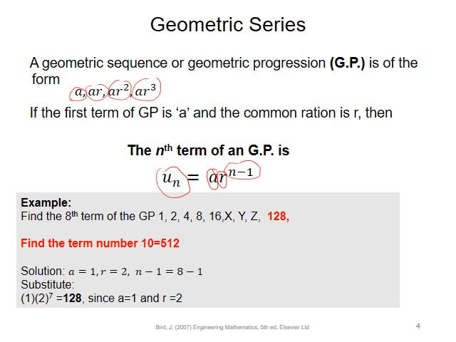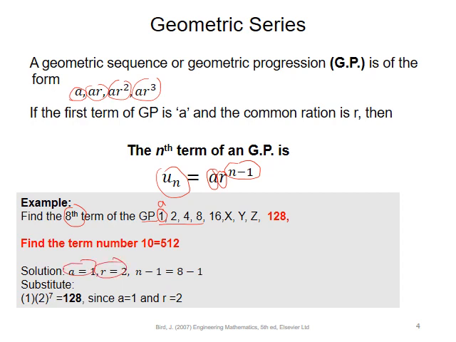Let's take an example. Now, he gave me here a geometric progression, which is this one, and he told me to find the 8th term. It means U8, okay? Now, A is 1, 2 over 1, 4 over 2, 8 over 4, and so on. So R is 2. You see here, A is 1, R is 2.